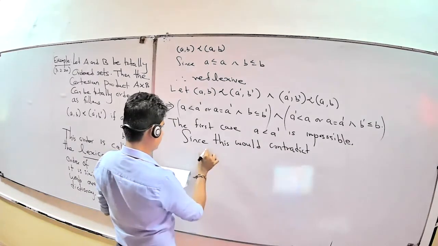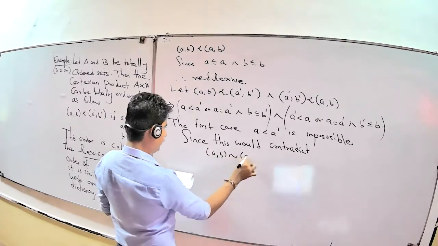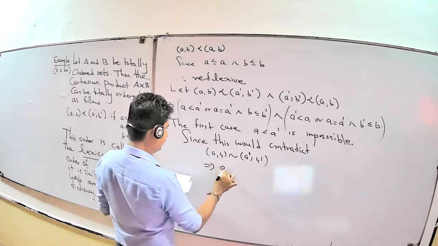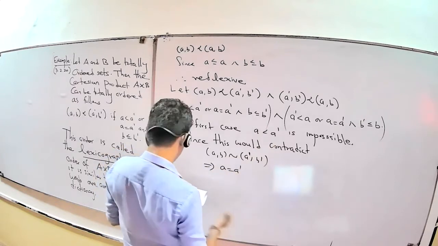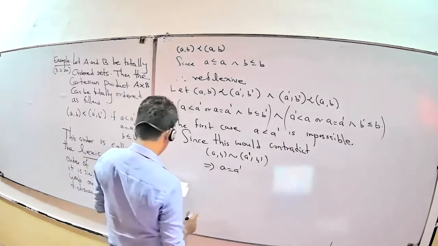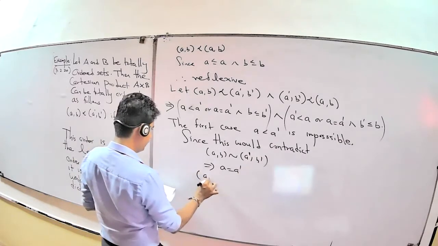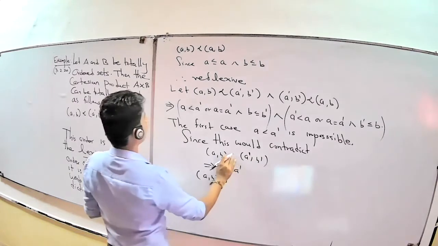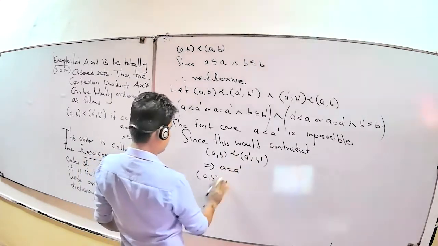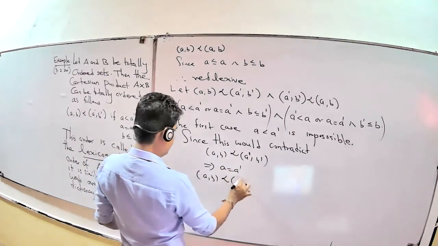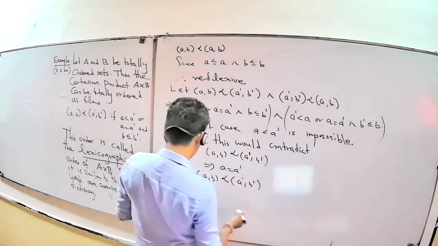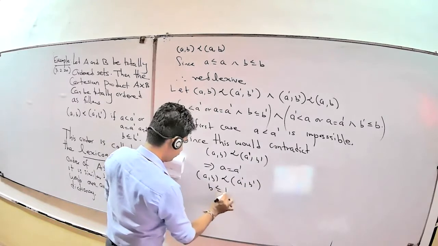From this relation, A comma B is related to A dash B dash, no? In this relation, it is not possible, which means A should be equal to A dash. Since you have A comma B, A dash B dash, from this part B less than or equal to B dash.